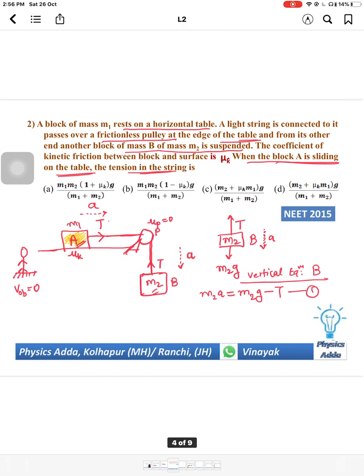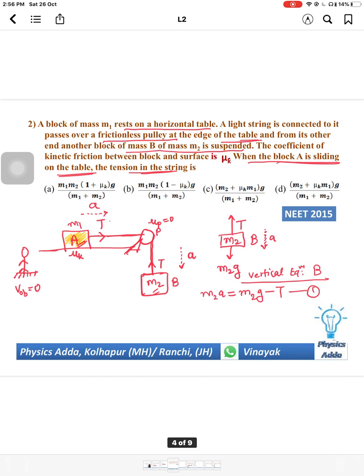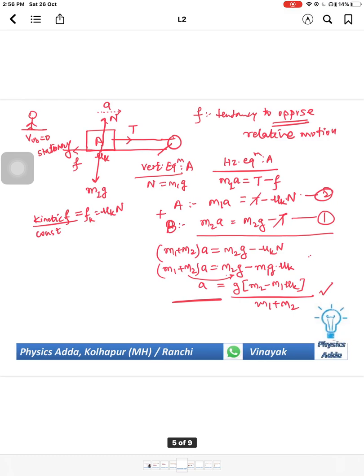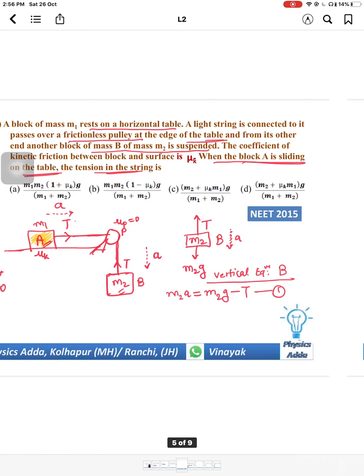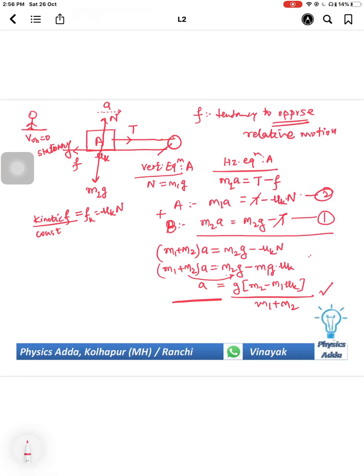See here, I've been asked for the tension in the string, not the acceleration. So what is the tension? I can calculate it from equation number 1 by putting the value of a in equation number 1. So T is equal to m2g minus m2a.